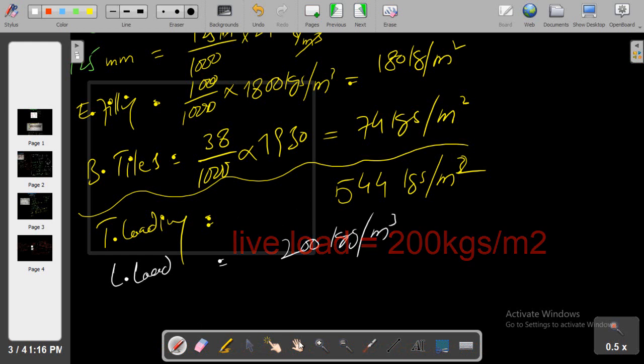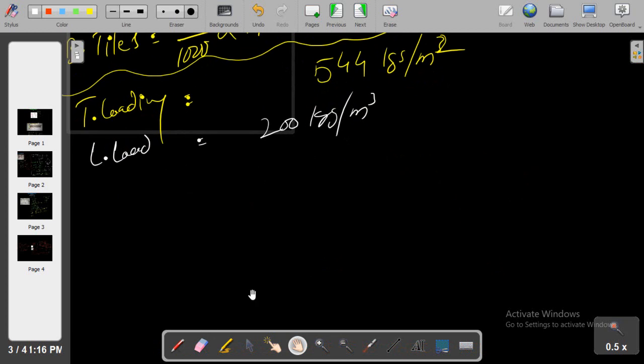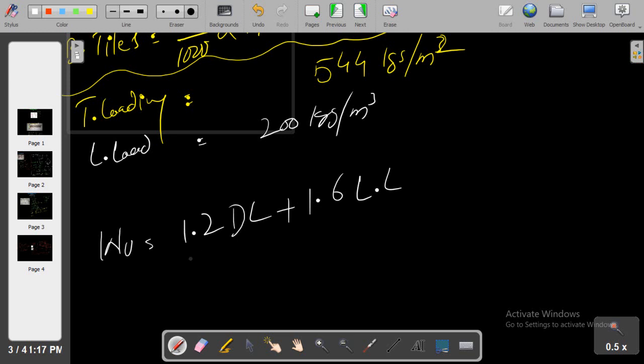So the factored loading, denoted by WU, equals 1.2 dead load plus 1.6 live load. If we have snow load, earthquake load, wind load, we will use different load combinations, but this time we have only dead load and live load, so this one will be the governing combination.